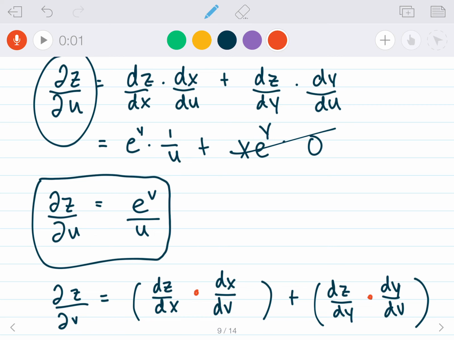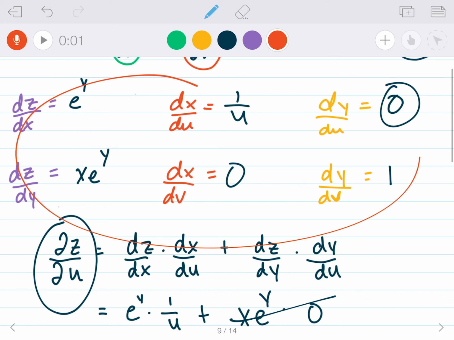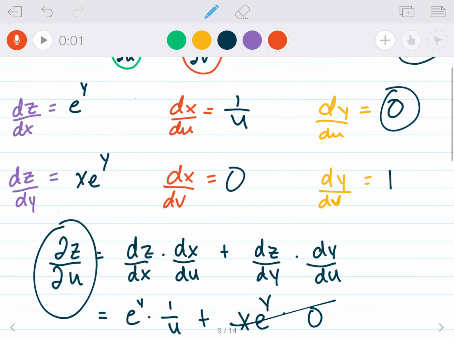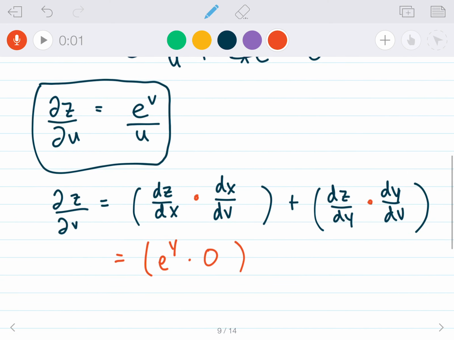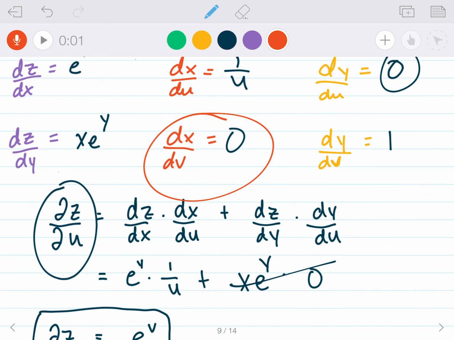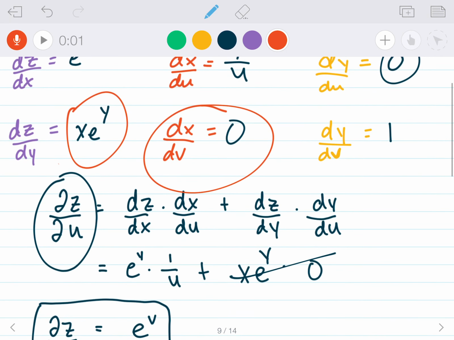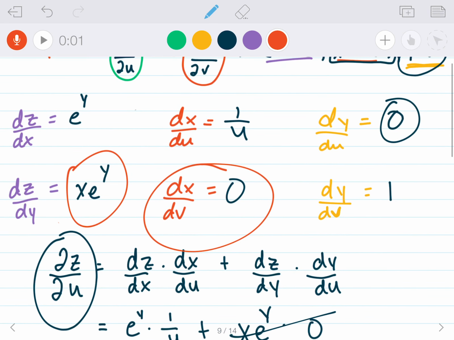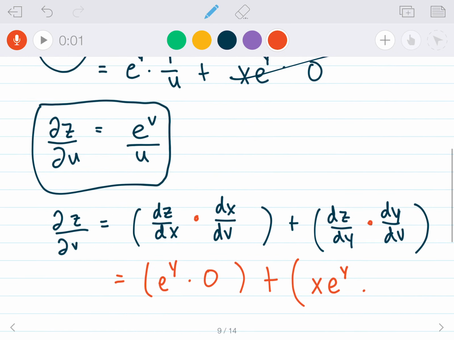Okay, so let's go ahead and just compute these. We already have all of these things from up here. So dz dx was e to the y. So we have e to the y times dx dv is 0, times 0 plus dz dy, x e to the y, times dy dv, which is 1. Okay.